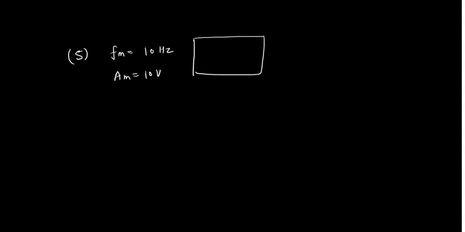Now the next question is, if a sinusoidal message signal with frequency Fm and amplitude 10 volt frequency modulates a sinusoidal carrier signal, what would be the increase in bandwidth of your FM signal? In the first scenario, case 1, Fm is 10 hertz.